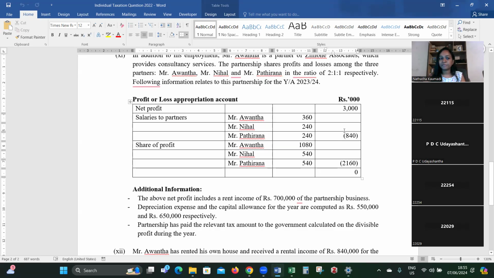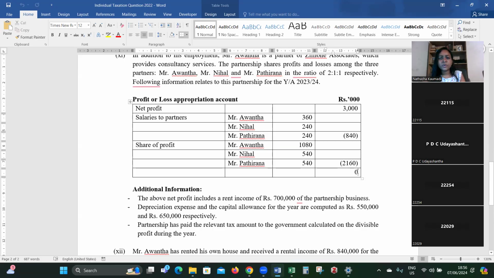That means the 3,000 net profit is after deducting salary or before deducting salary? What do you think? Read the latter part as well. And then share of profits. After the salaries, they are sharing the profits in the ratio 2 to 1 to 1. Share of profits, there are three partners: 1,080, 540, 540. If you compute, this is 2 to 1 to 1, and that is 2,160. And you can see 0.